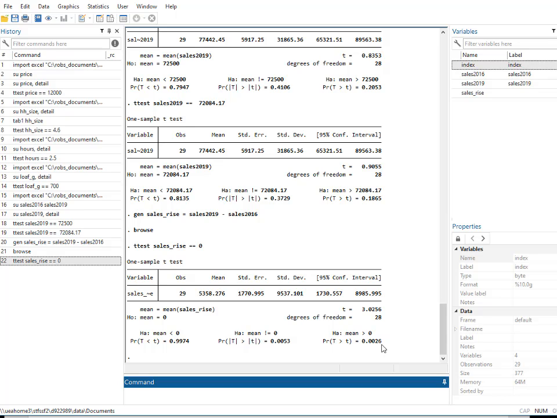So if the null hypothesis is true, and there hasn't been a rise, then the chance of selecting 29 people and finding that the average of each of their individual rises is as big as what you found it was, that's the mean actual rise, comparing each person with their situation 3 years previously, is less than 1%. So here's really strong evidence. We reject the null hypothesis at the 1% significance level. So using this test, it's found there is strong evidence of an increase.